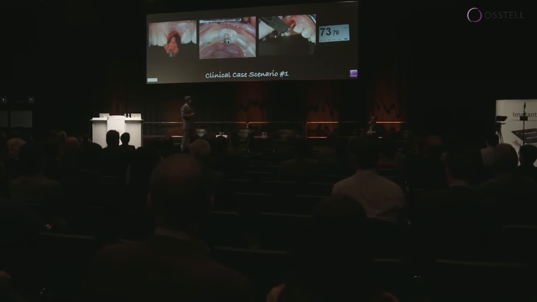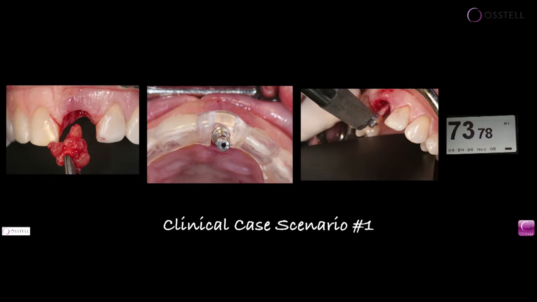So we remove the tooth. We use our surgical template to place our implants, and we take our initial ISQ measurement of 73/78. So the question here, do you graft the voids around the implant and bury it for a healing period?